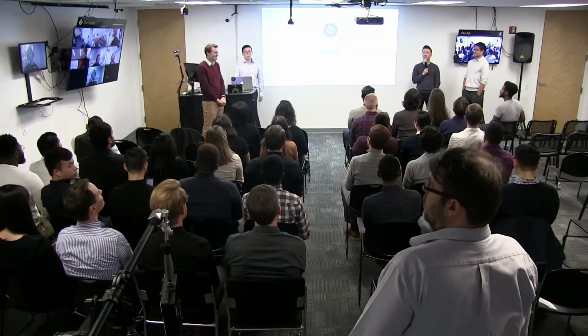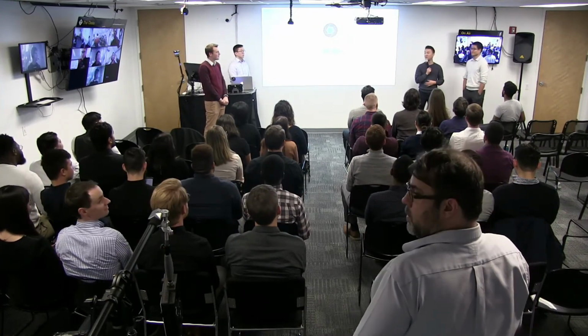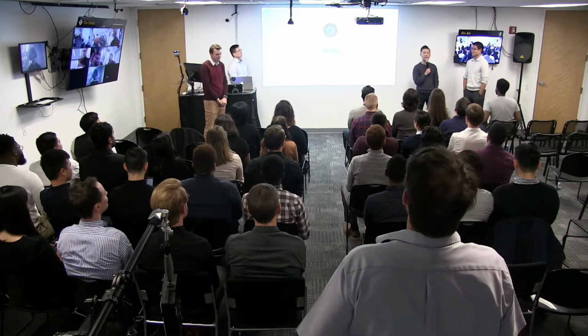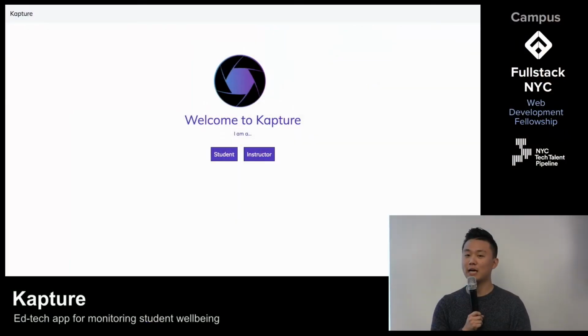Hi, my name is Jonathan On, and I'm with friends and teammates Jonathan Chang, Shifang Jin, Andrew Niekamp, and we are the team behind Capture. Capture is a tool to aid an instructor's understanding of a student's emotional well-being in real time, as well as track their emotional data over a longer period. We built this application thinking of remotely held classes where it's more difficult for an instructor to gauge a student's need without that physical interaction of a classroom.